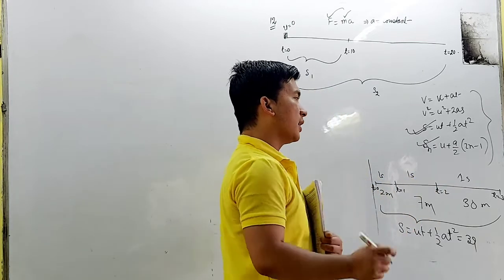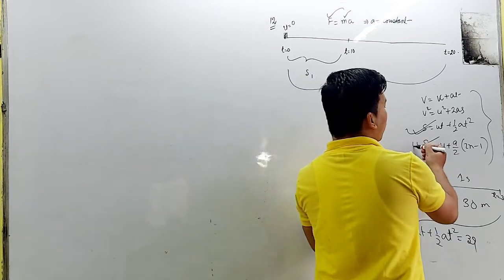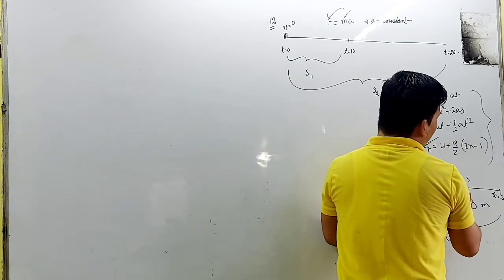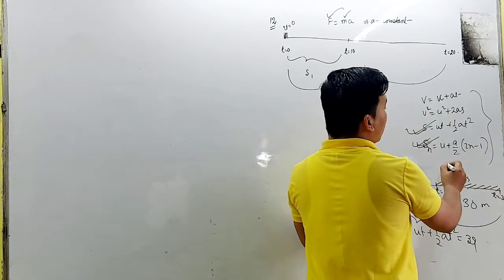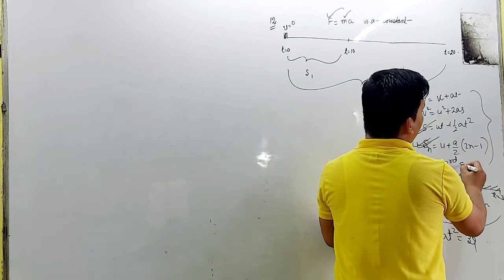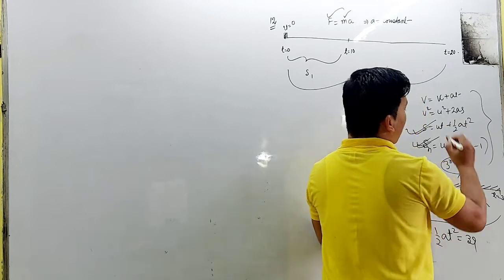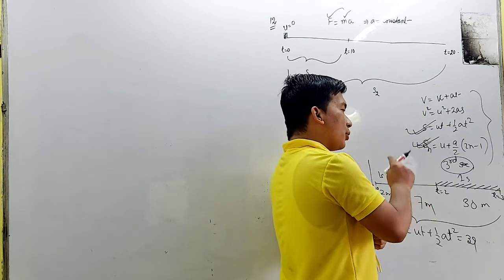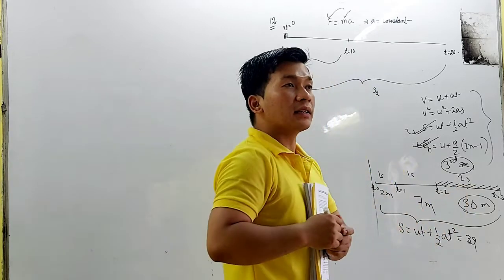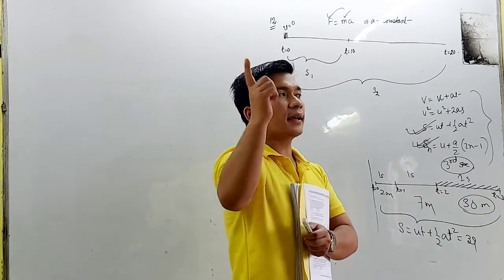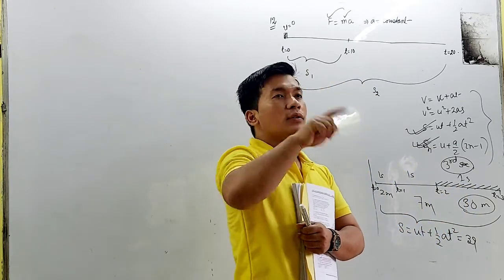Okay, so we are ready. Now where do we apply the other formula? If we have to find the displacement produced in the third second, in this particular second, the body will produce 30 meter in the third, or in the second, or the ninth, or the 11th.